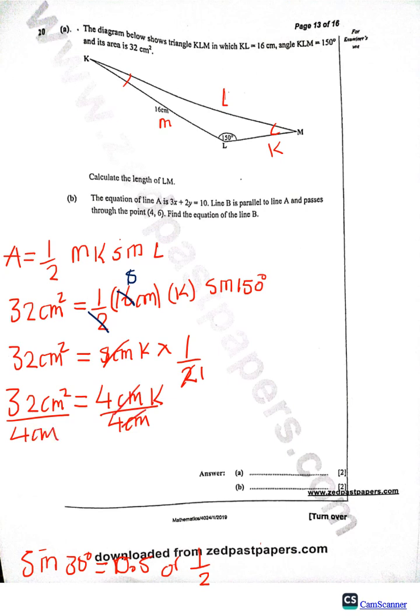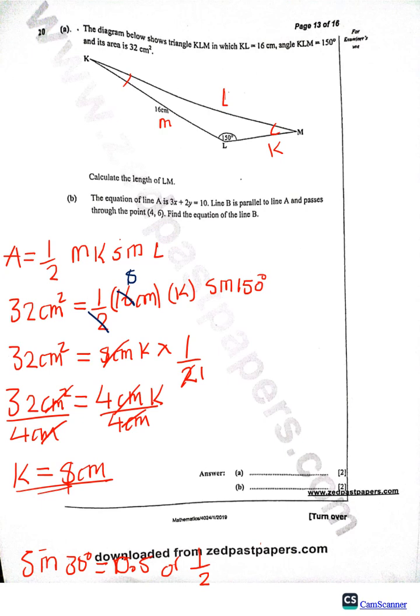We can cancel. Our final answer: K is equal to 1 centimeter will cancel with this one. 4 into 32 is 8, so K is 8 centimeters. So this is our final answer.